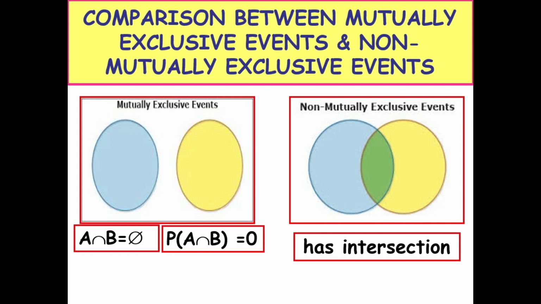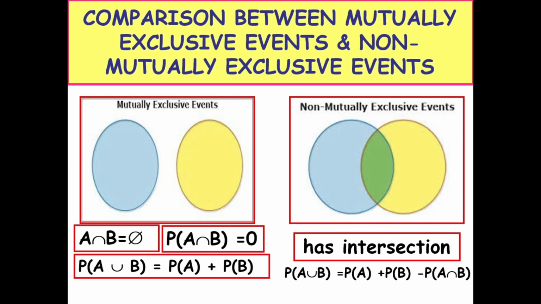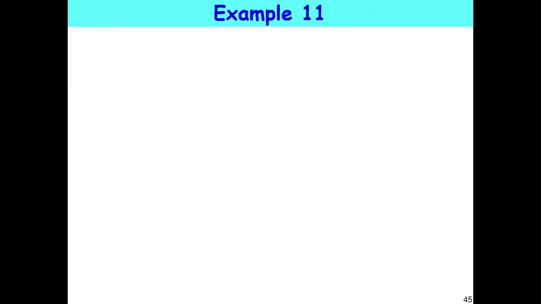On the other hand, for non-mutually exclusive events, there is an intersection between both events A and B. So, the probability of A union B for mutually exclusive events is P(A) plus P(B). In normal cases, the probability of A union B is equal to P(A) plus P(B) minus P(A intersect B).